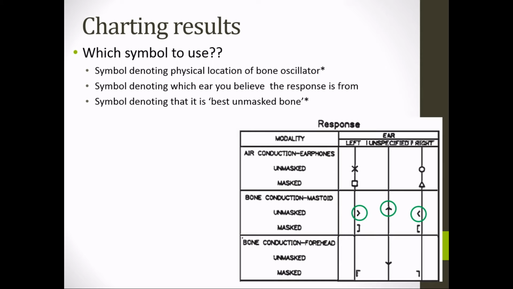Occasionally, and I'm not 100% sure where this has come from, you will see this symbol used to also mean best unmasked bone conduction threshold. So that's an option as well. I would stick with these symbols right here, again, because if somebody says, what is the symbol, where does it come from, you can refer them back to the ASHA guidelines for audiograms.